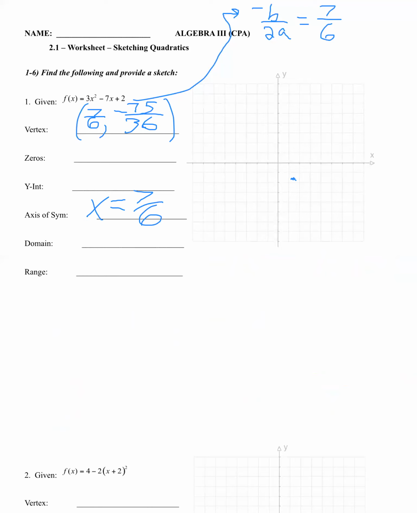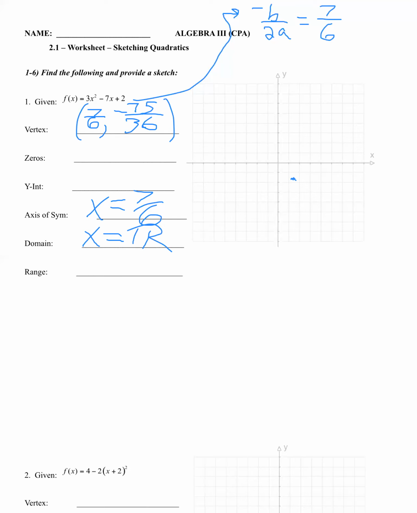What else could I answer right now? Well, the domain is always all reals for a quadratic, because you can plug in anything you want. The range, I can get once I figure out if this is going to go up or down. Will this quadratic be up like a cup or down like a frown?